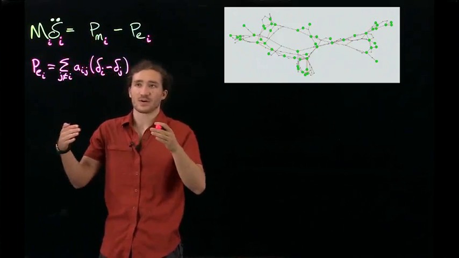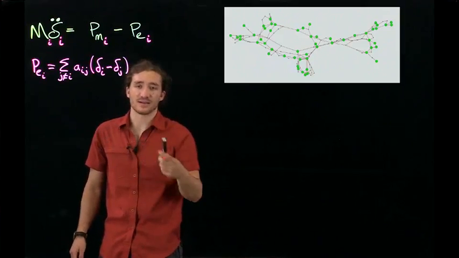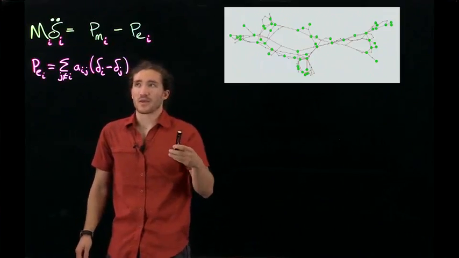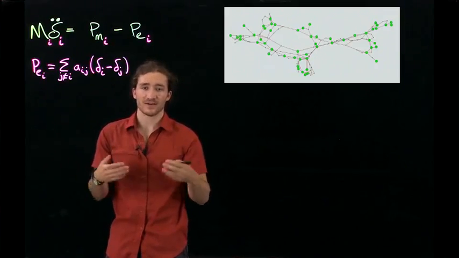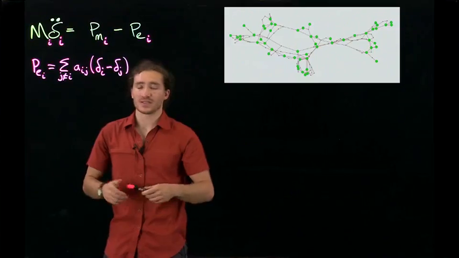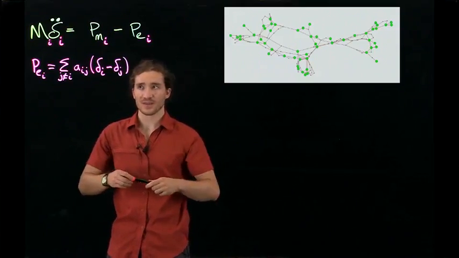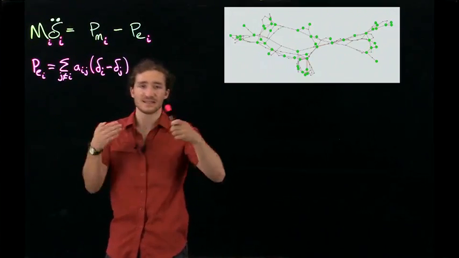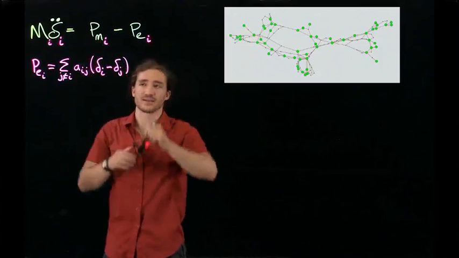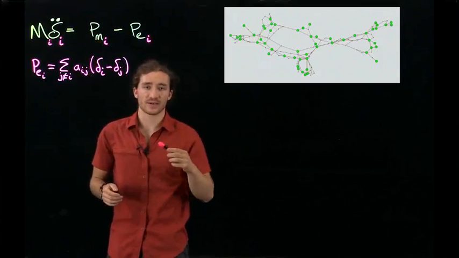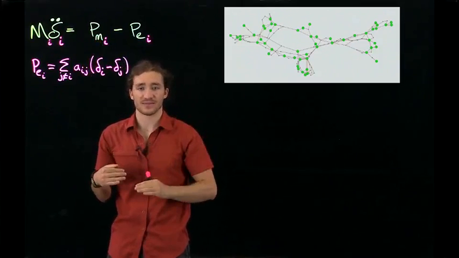And so if rotor I is lagging behind, if its rotor angle is less than all the other generators' rotor angles, then it has a tendency to speed up. So we actually call this a synchronous machine. The power grid is a synchronous machine because just from the physics of connecting multiple generators together, it has a tendency to synchronize to a constant speed, to this term being 0. And that's because if a generator has greater value, it slows down, and if it has lesser value, it speeds up.